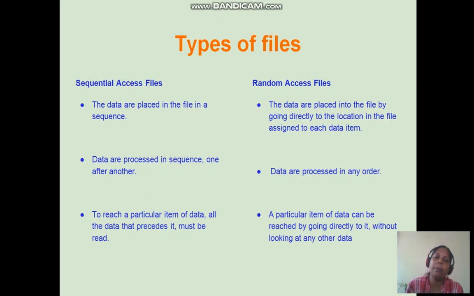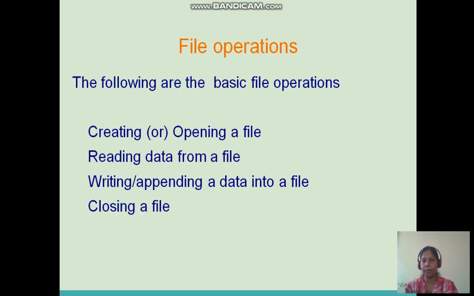Here, we can compare the arrangement of data to the arrangement of beads in a thread. So to reach a particular data item, all the data that precedes it must be read. Whereas in random access file, the data are placed in the file by going directly into the location and hence we can process the data in any order.